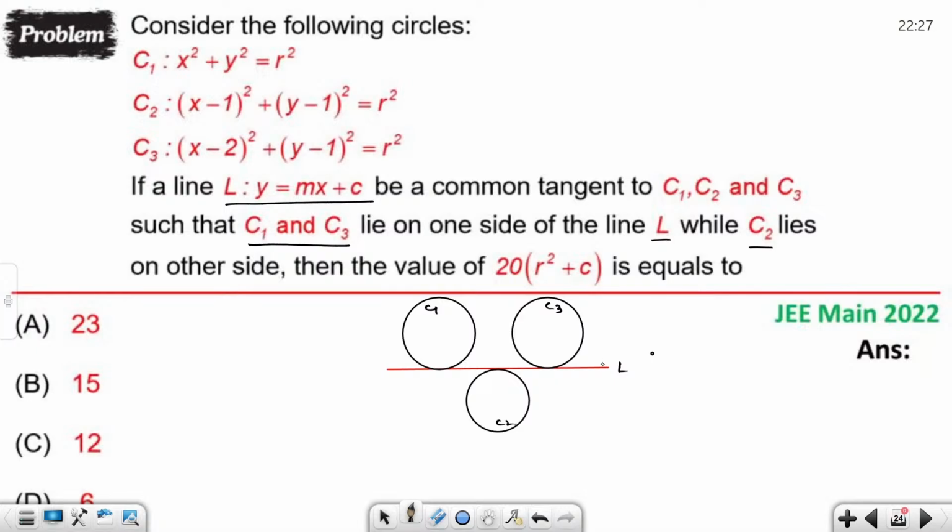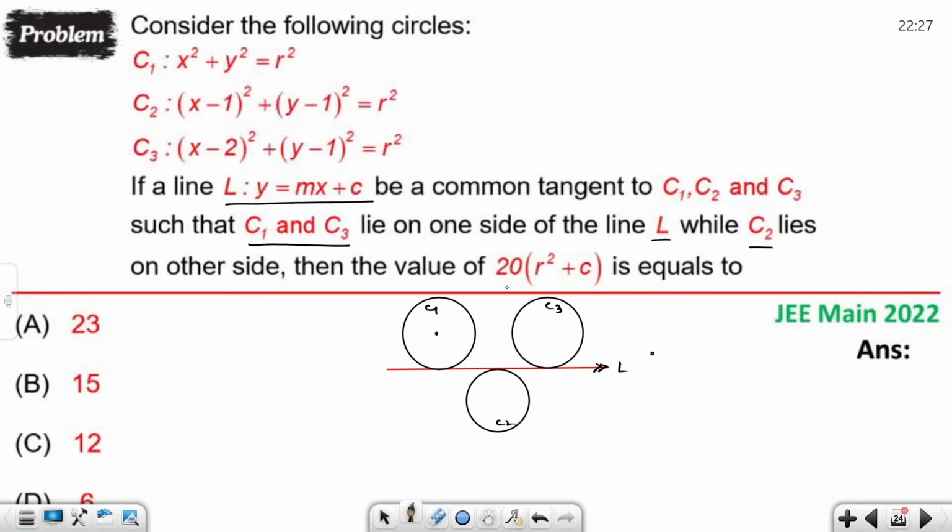So now this line, this tangent L, is playing a dual role. For C1 and C3, it is the direct common tangent. For C1 and C2, or C3 and C2, this line L is acting as a transverse common tangent. Is it clear? Now what have they said? Oh, they have said nothing.